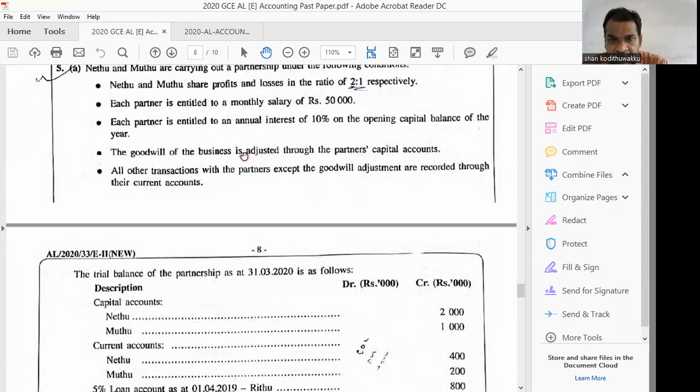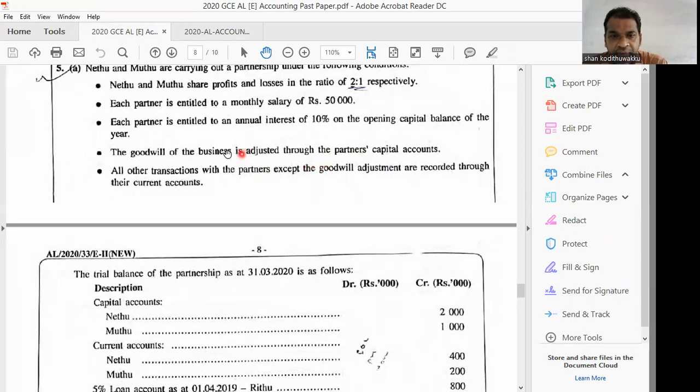If you are asked to adjust goodwill through partners' capital accounts, what I do, you take the total goodwill calculated and debit the partners' capital accounts according to their new profit sharing ratio. Then you credit the partners' capital accounts according to their old profit sharing ratio.